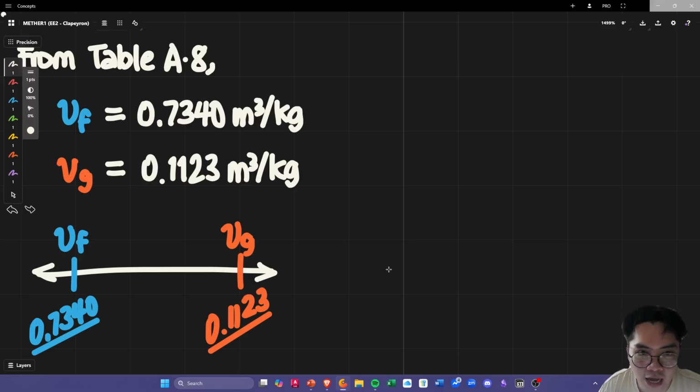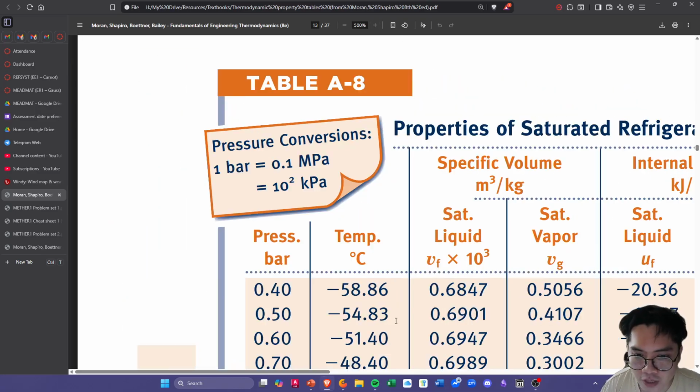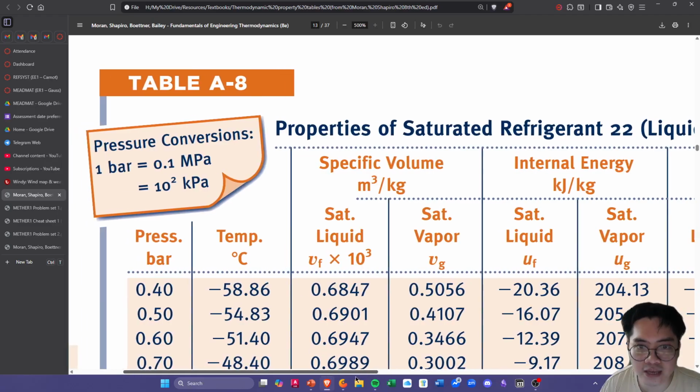It's just that now your VF has a special note. If you remember, specific volume is the reciprocal of density. Which thing is denser, liquid or vapor? That would be liquid. That means that if you take the reciprocals of both, the specific volume of a liquid would be much lower than that of a vapor.